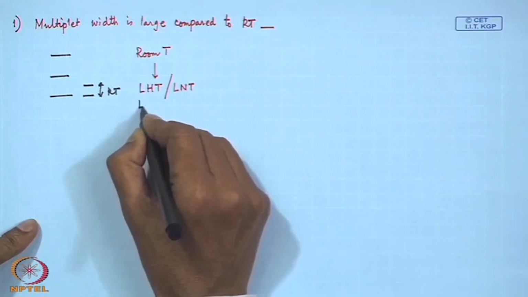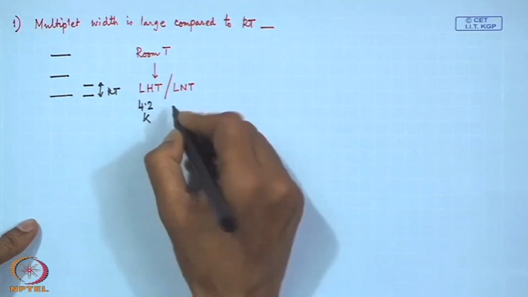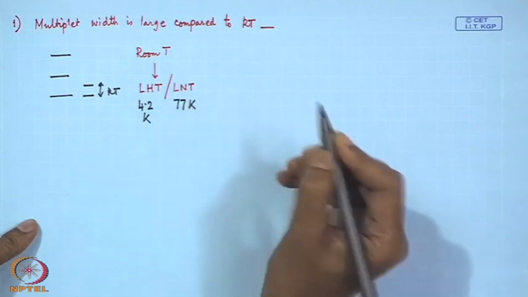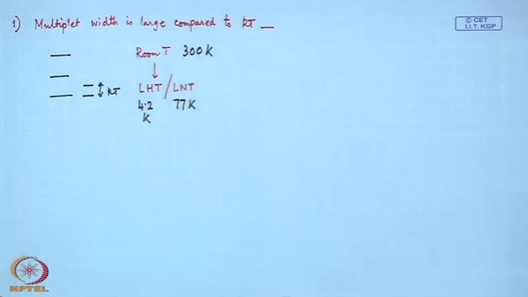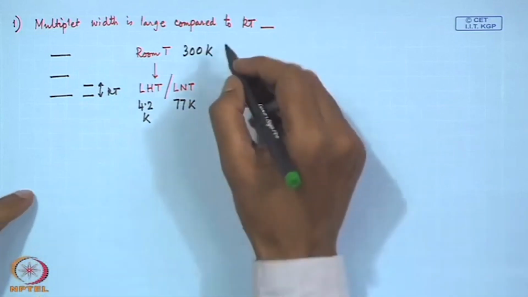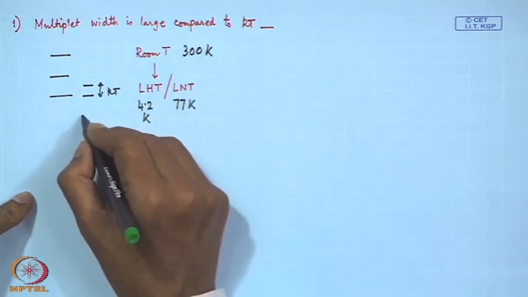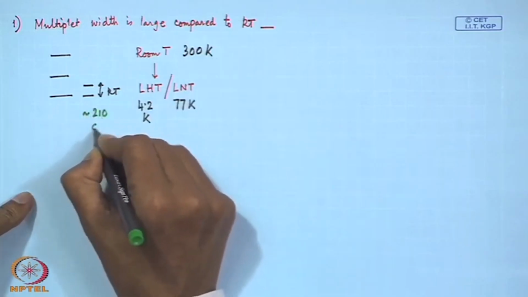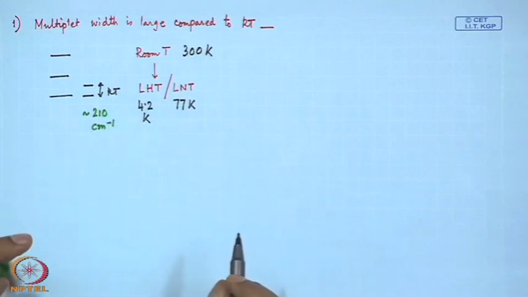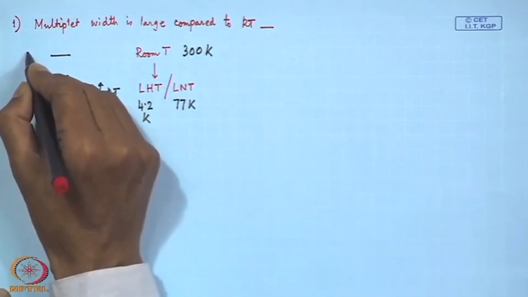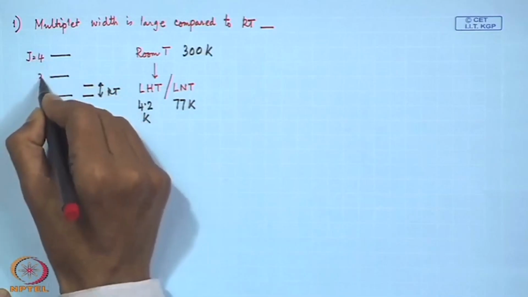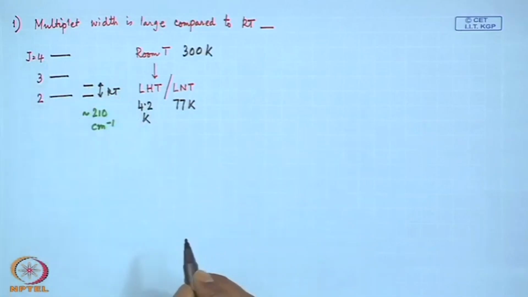Liquid helium temperature is around 4.2 Kelvin, liquid nitrogen is 77 Kelvin, and room temperature is 300 Kelvin, for which kT is close to 210 centimeter inverse. So the multiplet width for different J values, J equal to 4, 3 or 2, is large.